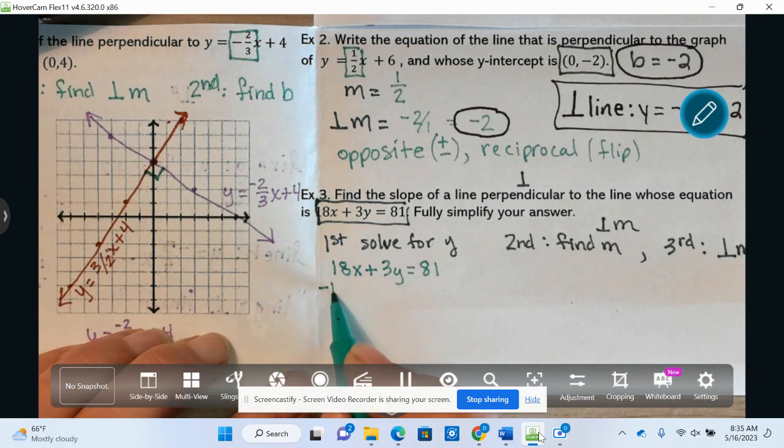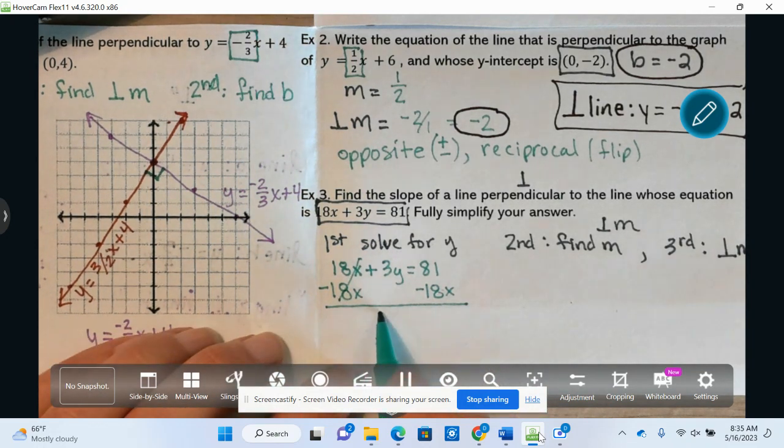Yes, subtract 18x from both sides. Good job. So 3y equals, remember I want the x term first, negative 18x. And there's no sign in front of that 81, so I know it's positive, plus 81.